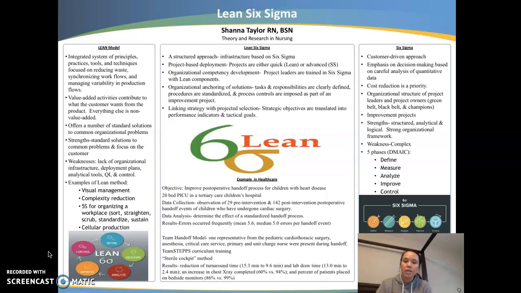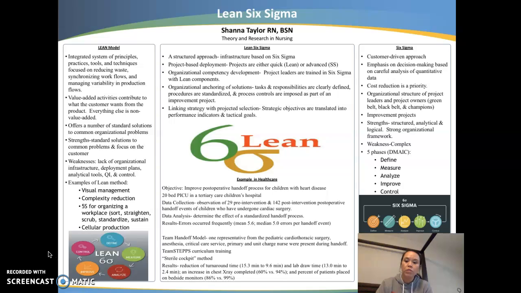So I found this example in an article that showed how they used Six Sigma to improve handoff communication in a PICU. The objective of this study was to improve the post-op handoff process for children with cardiac disease. It was a 20-bed PICU in a tertiary care children's hospital.